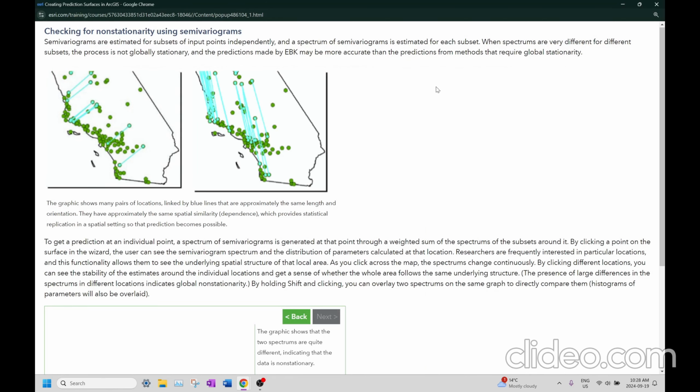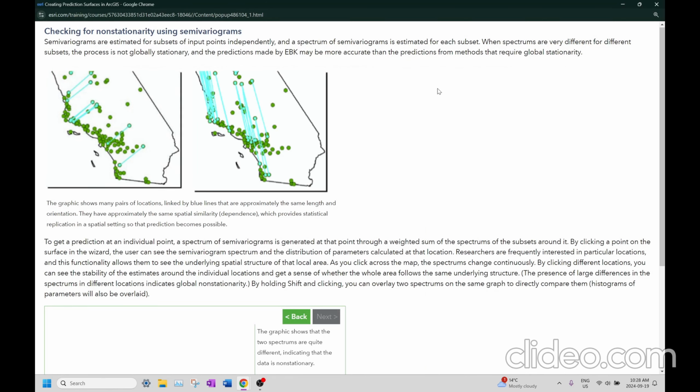The term stationary refers to the stationarity between the local areas. The graphic depicts the semi-variogram spectrum for two different locations.